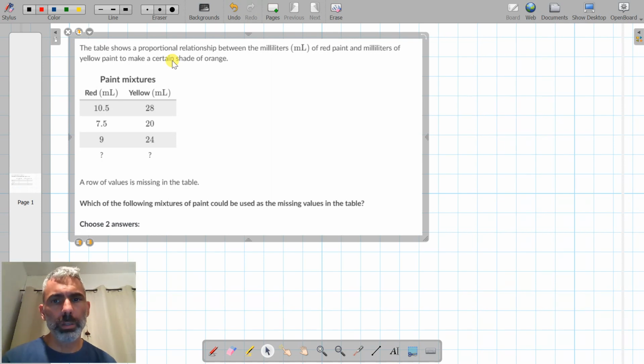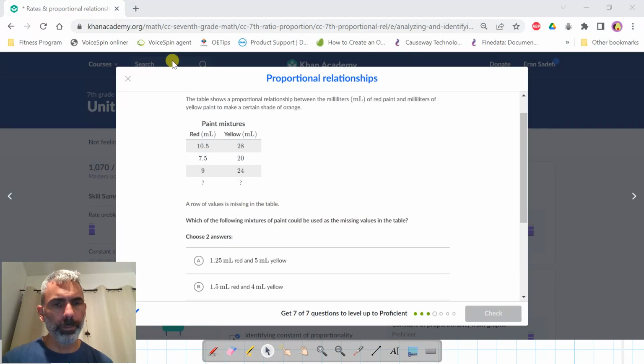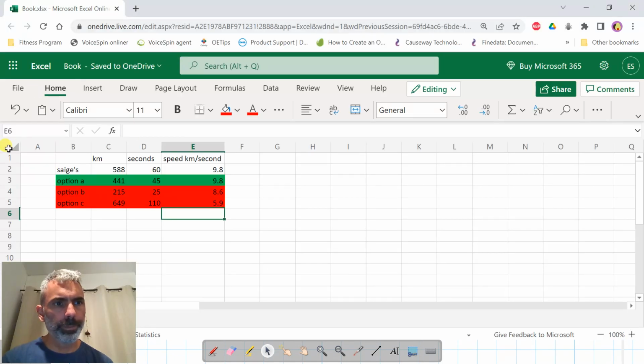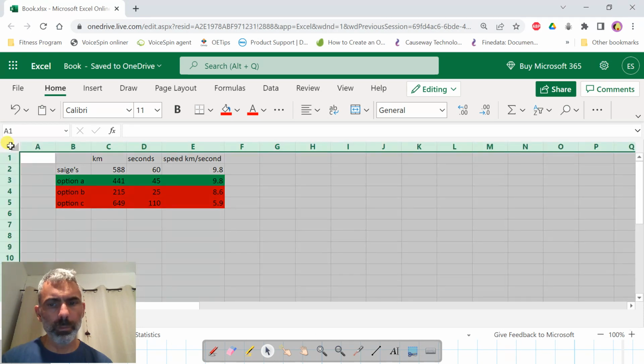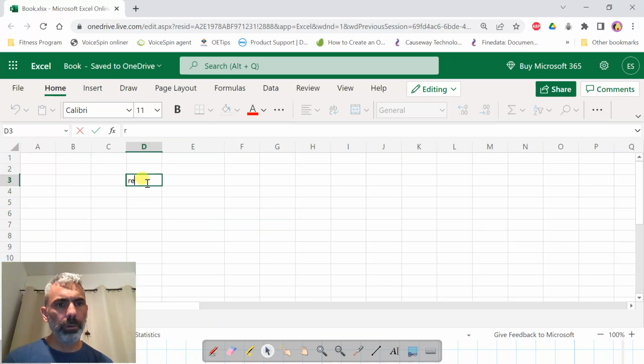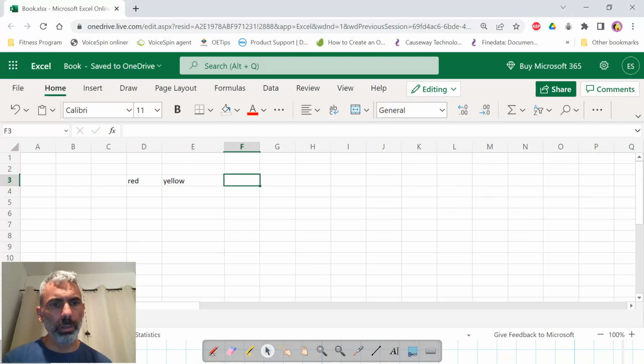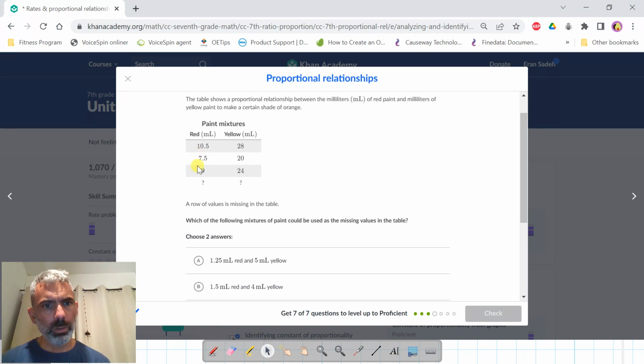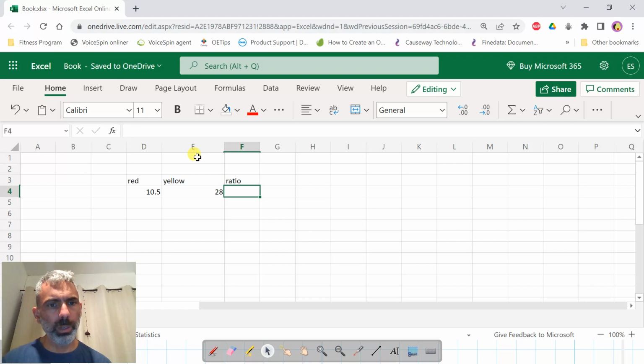Okay, so I have red paint and yellow paint, and the ratio between red and yellow. So I have 10.5 and we have 28 milliliters.